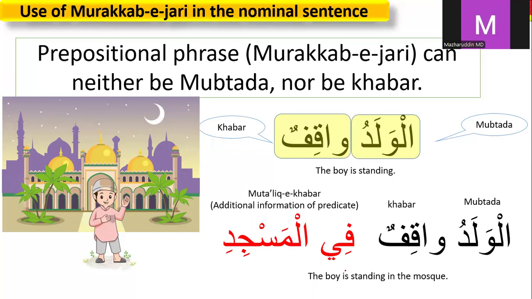So what is the role of murakkabe jari here? Additional information, mutalike khabar. So the actual khabar is waqifun and mubtada al-waladu.